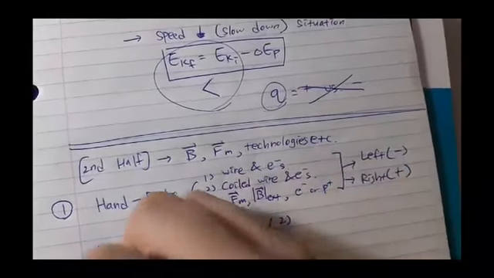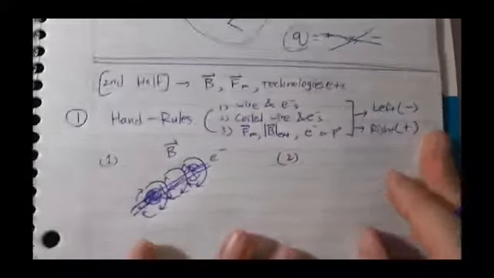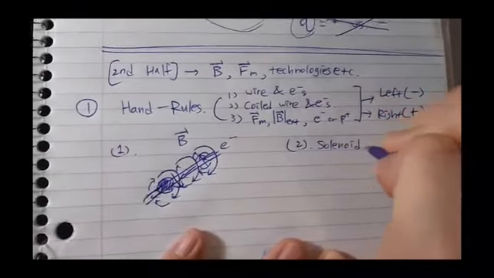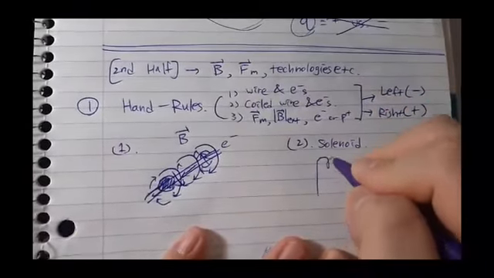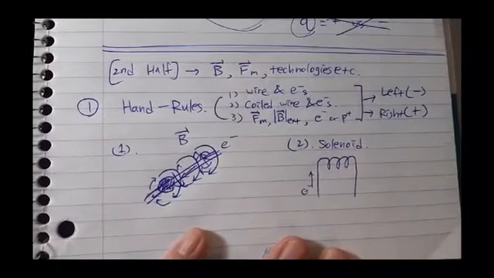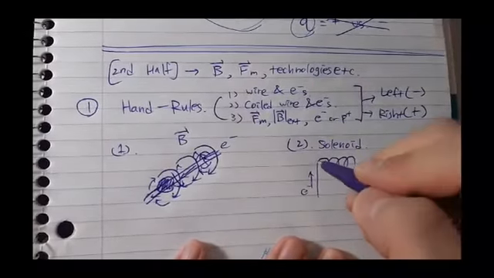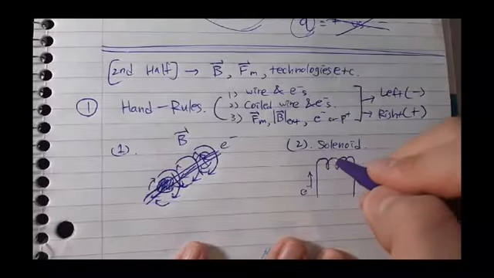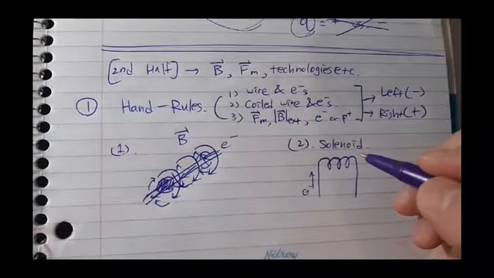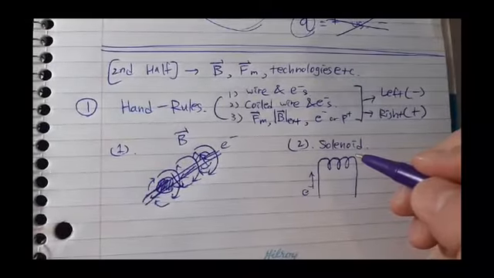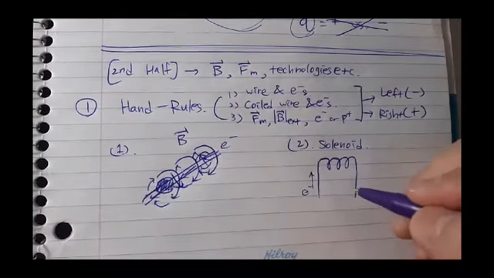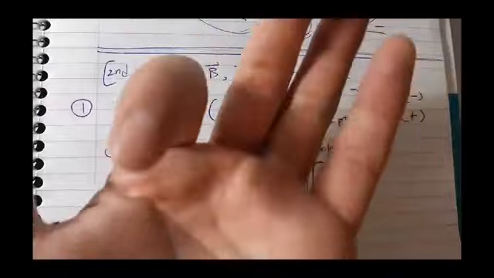When it comes to hand rule number 2, the coiled wire, which is more known as a solenoid, is something that you need to understand too. Let's say the electron is going in this direction and my curve is going front as it comes down, and then front as it comes down, something like that. Unlike the previous situation where your thumb represents the electron movement, or proton movement if it's positive, when it comes to a solenoid, it's the other way around.